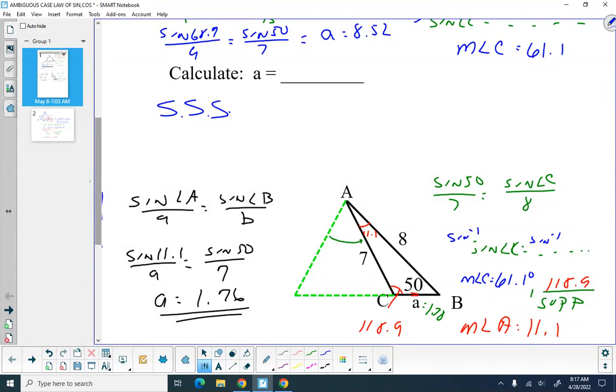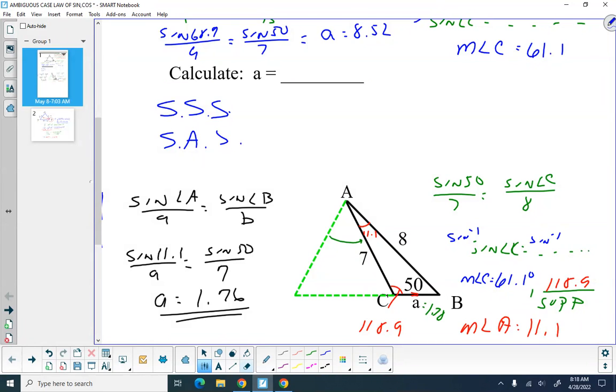If three sides of one triangle are congruent to three sides of a second triangle, then the two triangles will be congruent. Then you learn the second one, which was the side-angle-side postulate. If two sides and the included angle of one triangle are congruent to two sides and the included angle of a second triangle, then the two triangles will be congruent by the side-angle-side postulate.